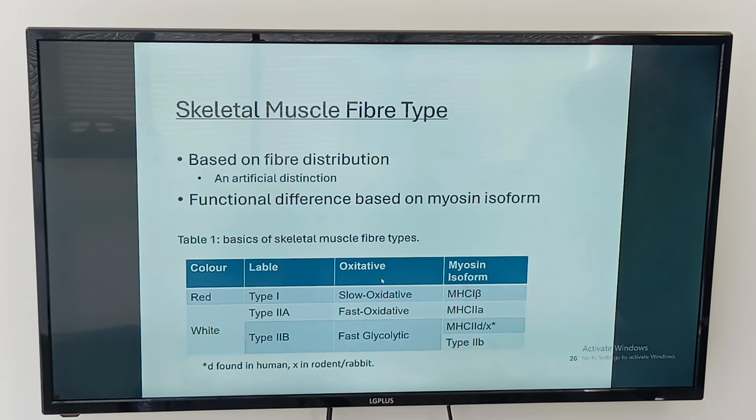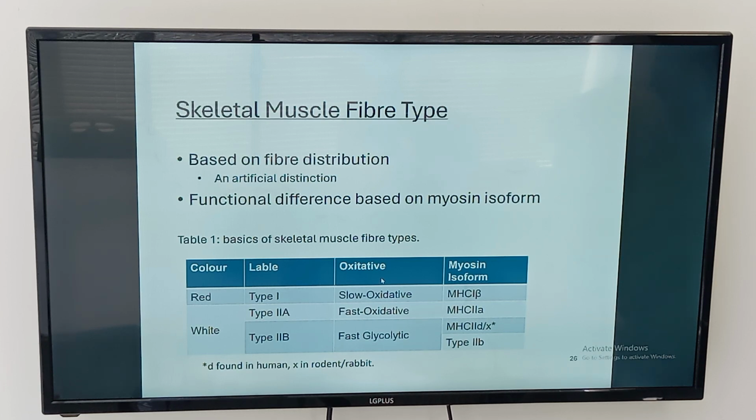And type 1 is for slow muscles, or slow twitch muscles, and that is used for long distance, and they endure more, and they become fatigued slower.